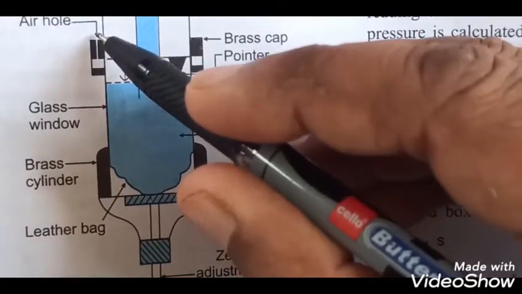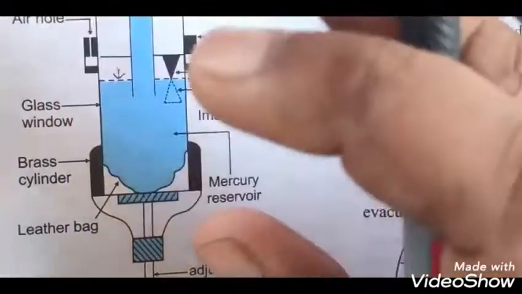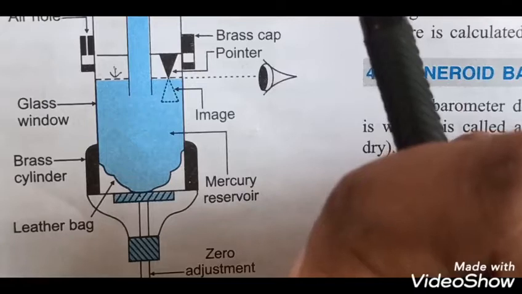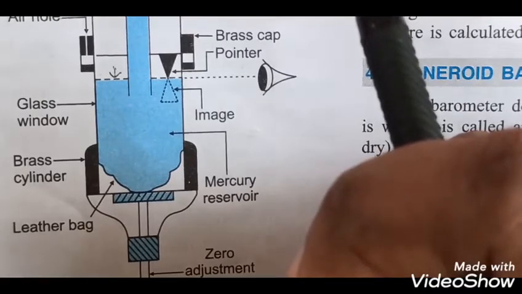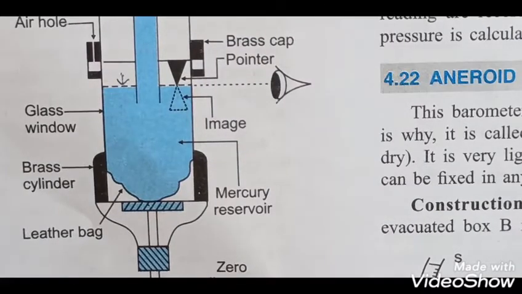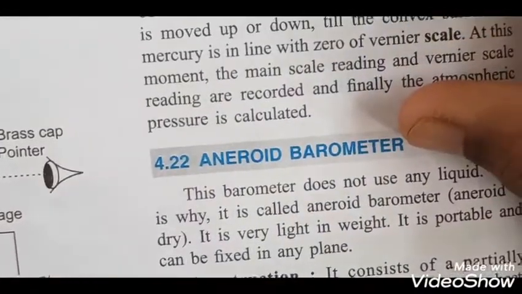Only when you have to take a reading, this hole is opened, air enters, and we take the reading and then we close the hole. So chances of entry of impurities are very less. Clear? So this way, the Fortin barometer is a little better. Those disadvantages are removed somewhat.